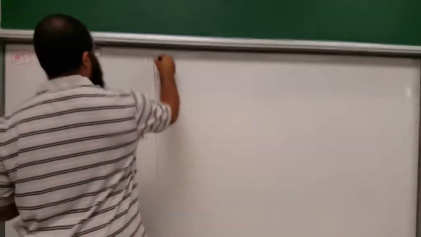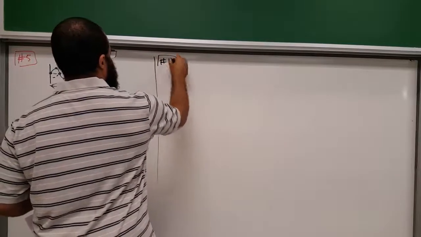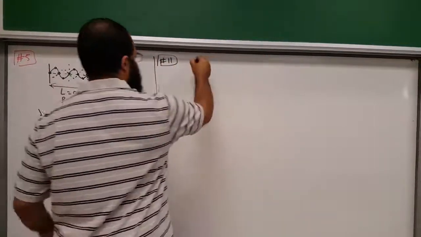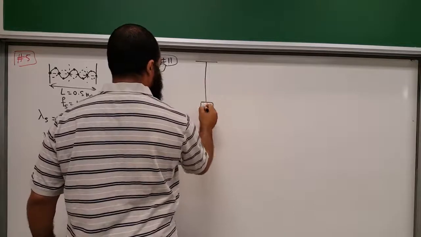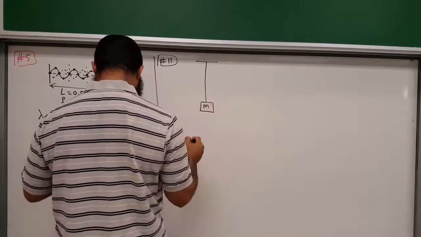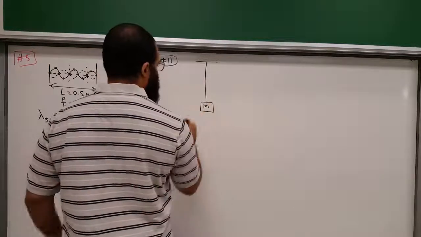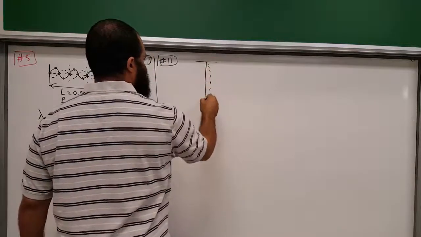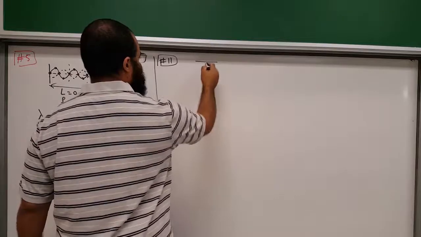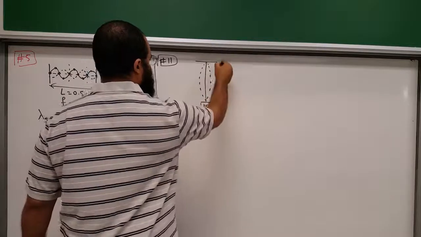So this is number 11. You have a string here, and there is a mass hanging on it, mass M. We don't know what the mass is, but it is shaking back and forth as one piece in the fundamental frequency.